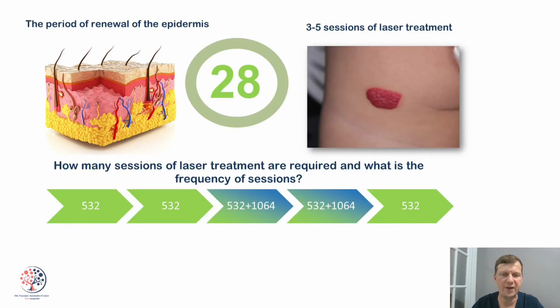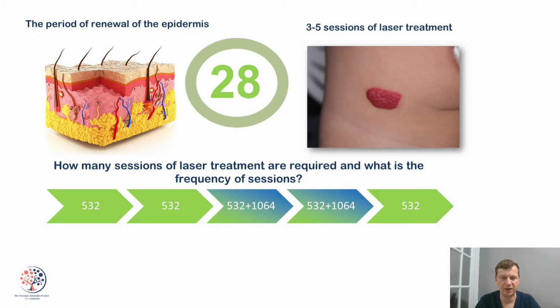The next question we face in our clinical practice is the number of required sessions. The period of renewal of epidermis is about 1 month, so it actually determines the frequency of sessions, and on average the number of required treatments per lesion varies from 3 to 5, as generally our goal is to increase the involution capacity of the tumor.